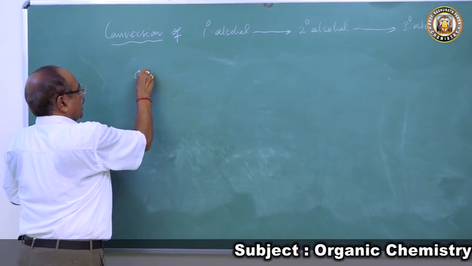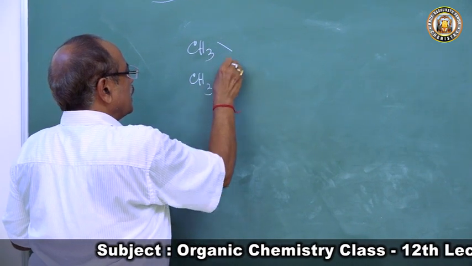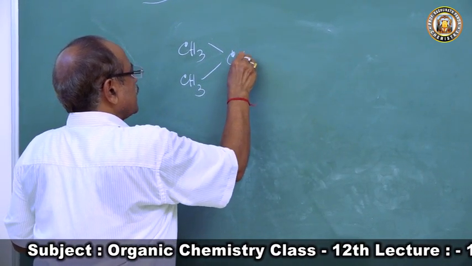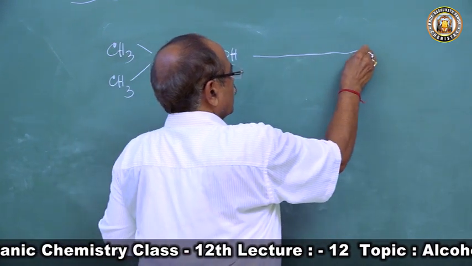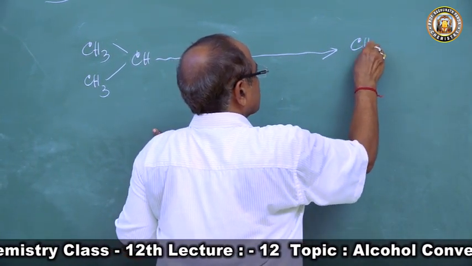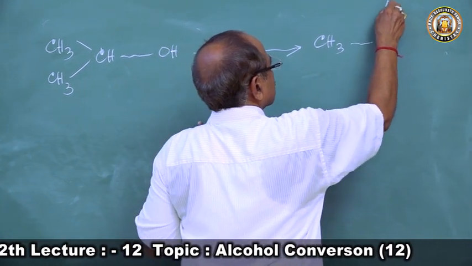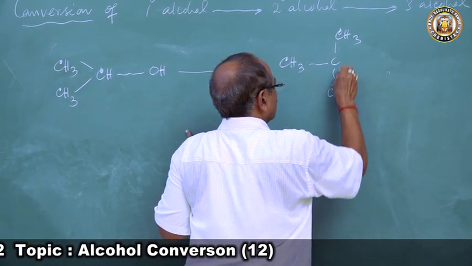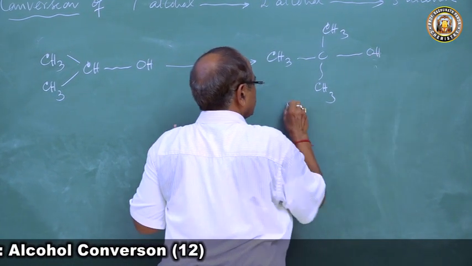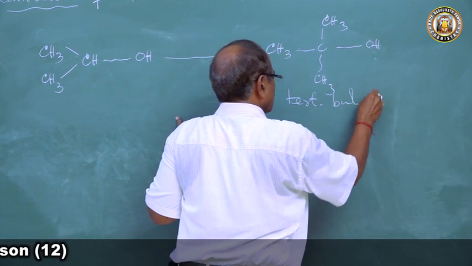Now we will come to isopropyl alcohol, secondary alcohol, CH3CHOH, and we are converting this to CH3, tertiary butyl alcohol.